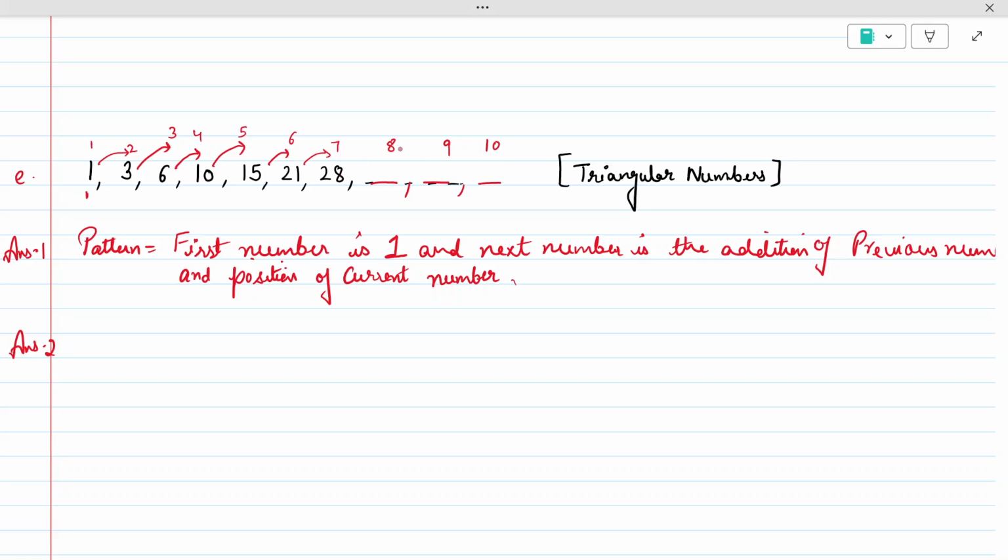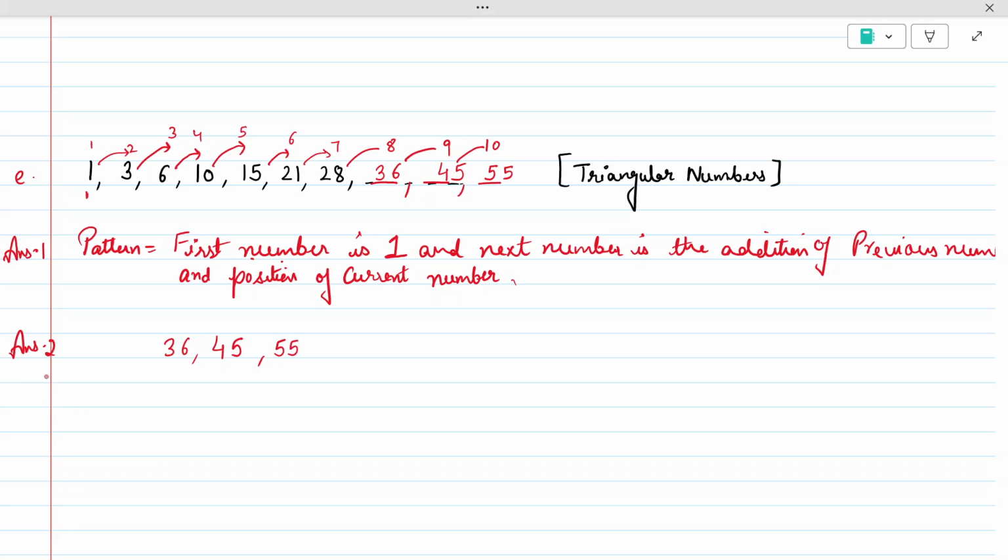So, 28 plus 8 is 36, right? 36 plus 9 is 45, plus 10 is 55. So we get the next three numbers here. I'm writing it here: 36, 45 and 55.